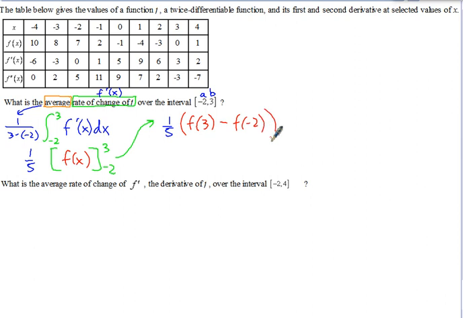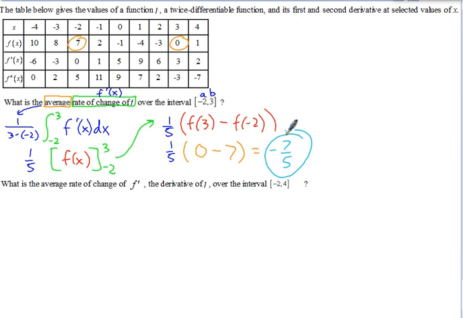And finally, here's where we can utilize the table to help us out. Looking at the table, we can see f of 3. Well, when x is 3, f is 0. So that's 0. Minus f of -2. When x is -2, f is 7. So that'd be -7 times 1/5, so we get -7/5.